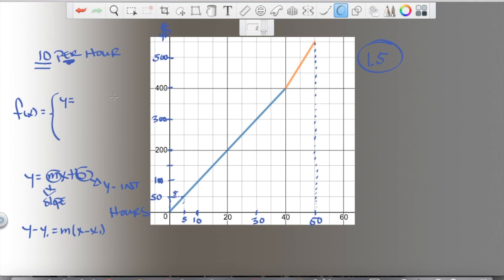Whenever we have something that says "per this," we're usually talking about a rate of change. So our rate of change here is going to be 10x, where our x represents the number of hours we've worked. Do we get any money if we haven't worked any time? No, that would be absurd. It would be absurd if you just expected to get money for not even showing up.